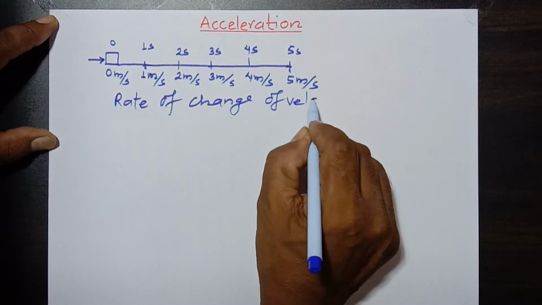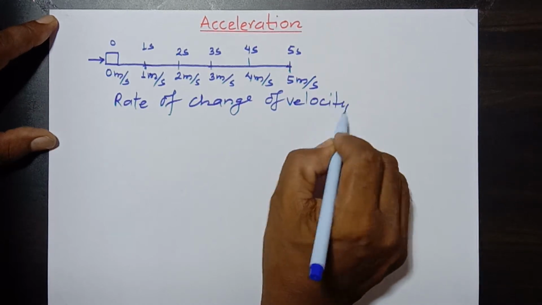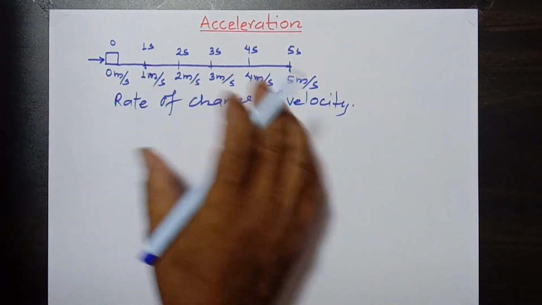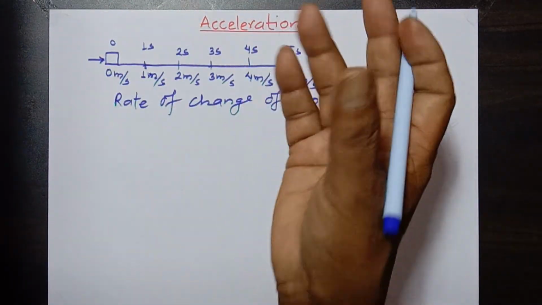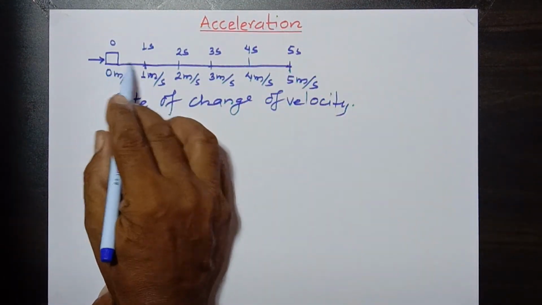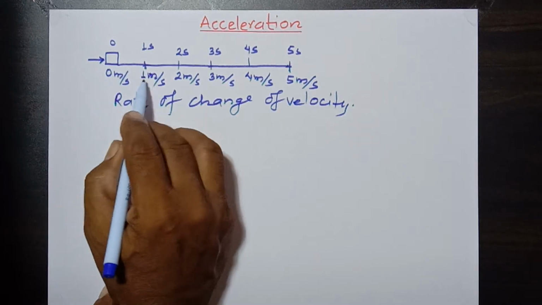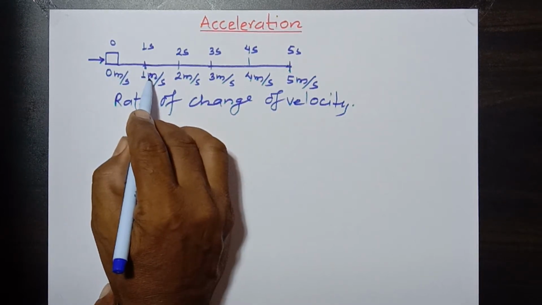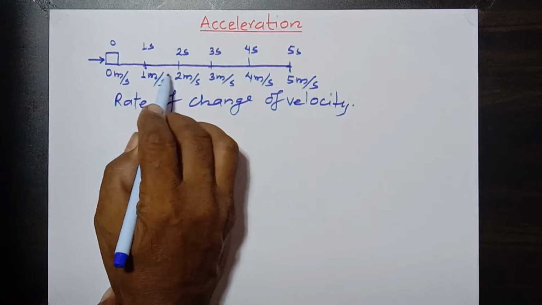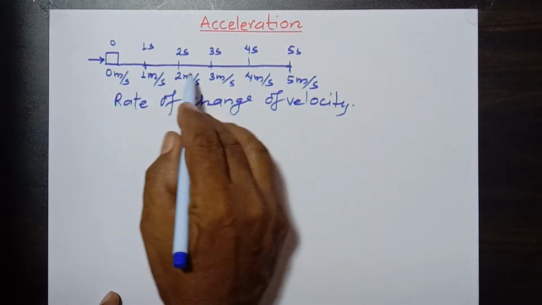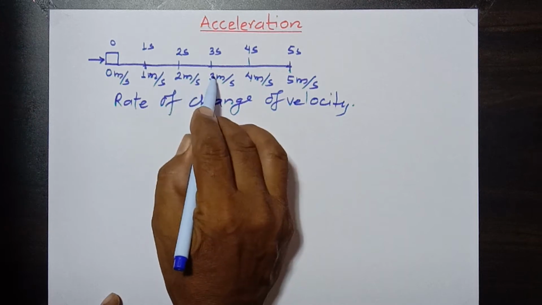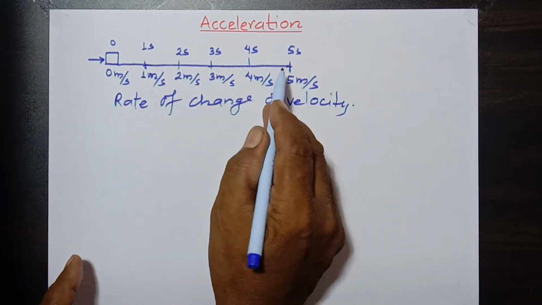What does it mean? It means how much is the change of velocity in 1 unit time. That represents acceleration. Just for example, in this 1 second, the change of velocity is 1 meter per second. In the second second, the change of velocity is again 1 meter per second. In the third second, from 2 to 3, 1 meter per second is the change of velocity.